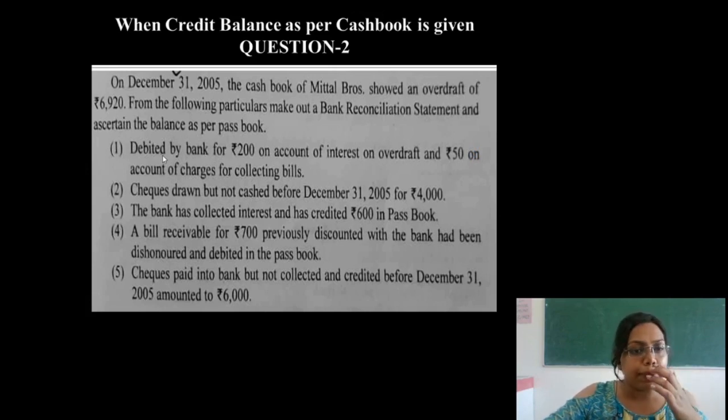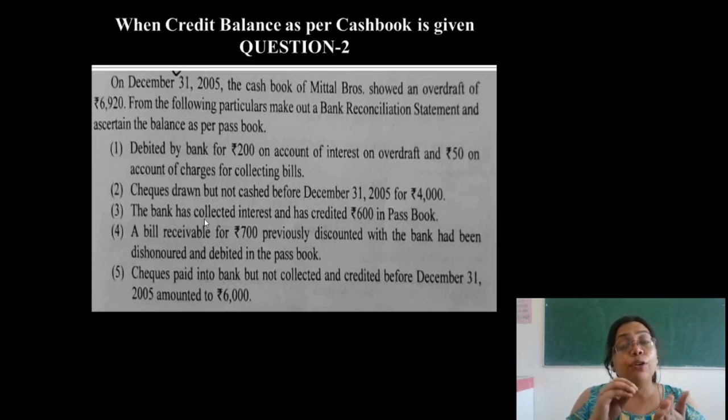Differences were debited by the bank for rupees 200 on account of interest on overdraft and rupees 50 on account of charges for collecting bills. In this case, the bank has debited my account with 200 rupees for interest, because I have already passed my limit of taking credit from the bank.